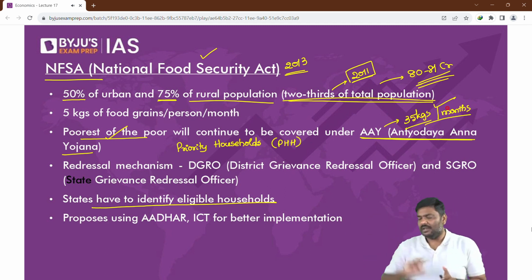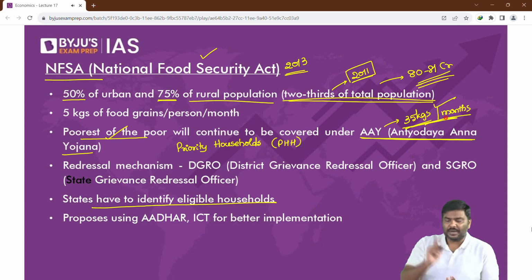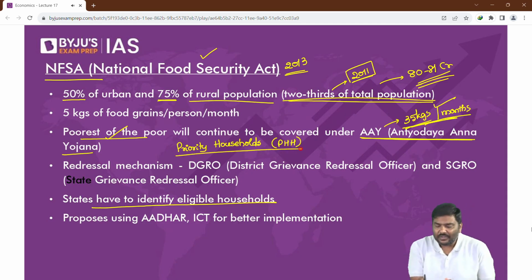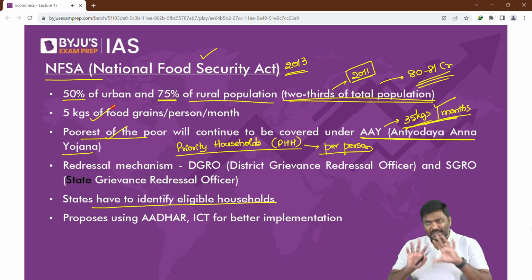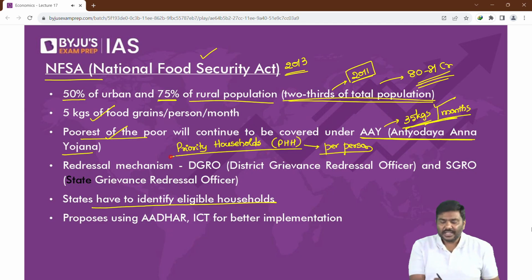If you have an Antyodaya card, per family, generally we assume family size of 5 people, 35 kgs of food grains are given per month. But if you're identified as a priority household, then per person, 5 kgs of food grains are provided.